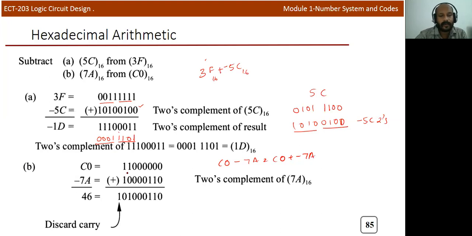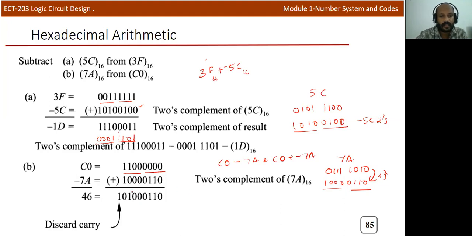Now we can see that this is C0 and the second one is a negative value. So first we need to write the hex value of 7A. So A is 1010, 7 is 0111. Now we need to take the 2's complement of this. So 1000 0110. Okay, so this is the representation given here.